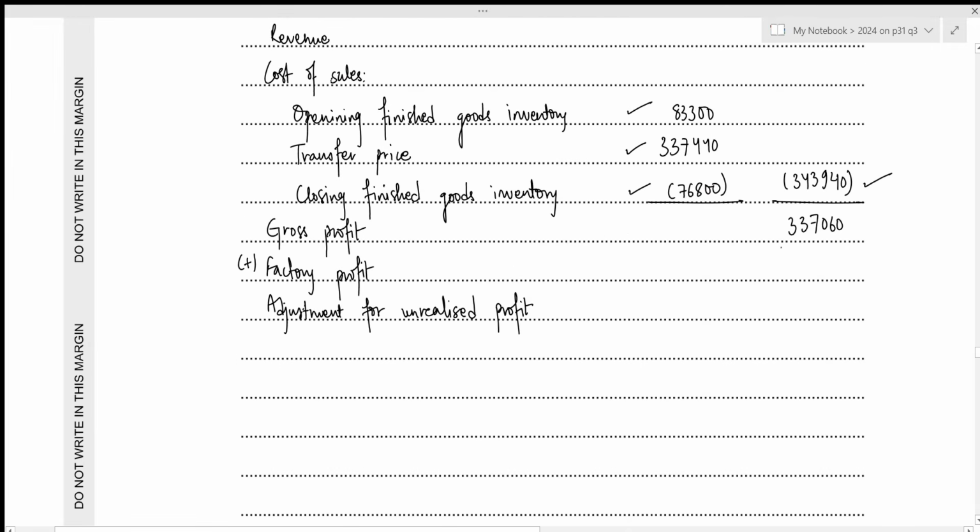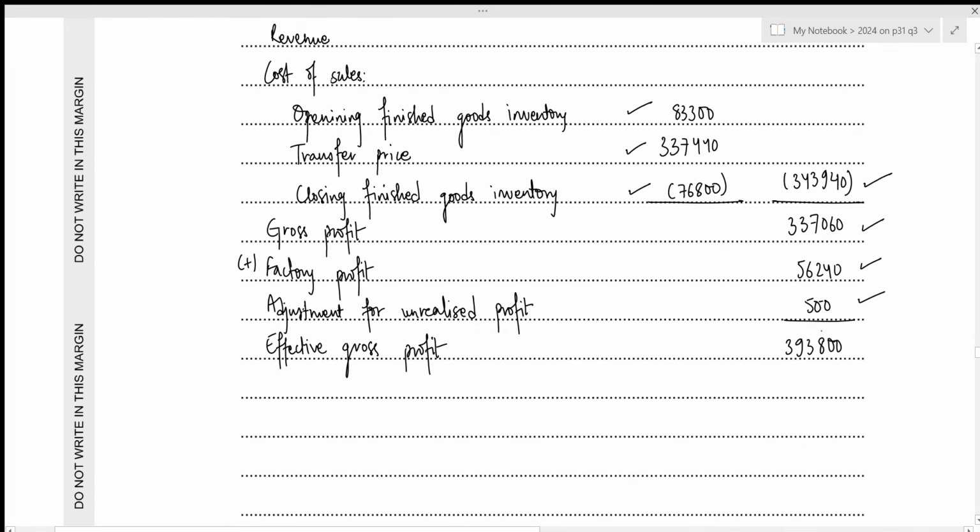So the factory profit was 56,240. The adjustment is 500. We will be adding this. Then we can get our effective gross profit. Alright, that will be 337,060 plus 56,240 plus 500, which results in 393,800.